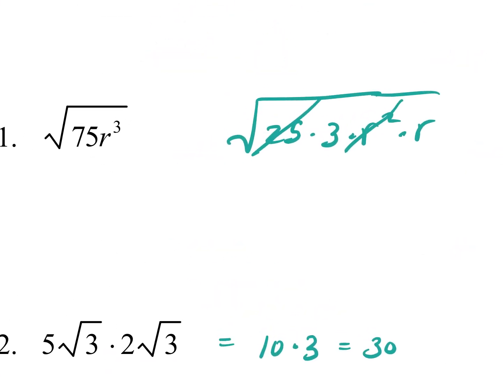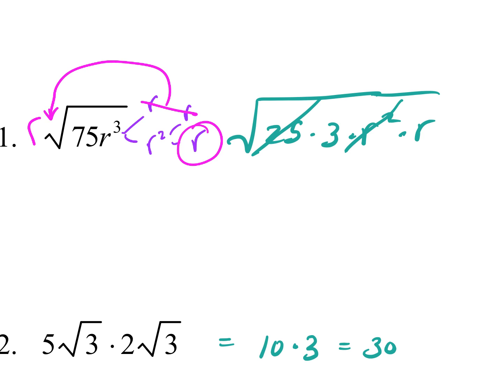So you're good on the 25 and the 3. There's 3 r's here. R squared, r, right? So I need 2 to go to the outside. I'm going to cancel 2 of them, bring it to the outside, but then there's still 1 left underneath. You can also use that trick that I was just saying. If the index is 2, I can do 2 into 3.